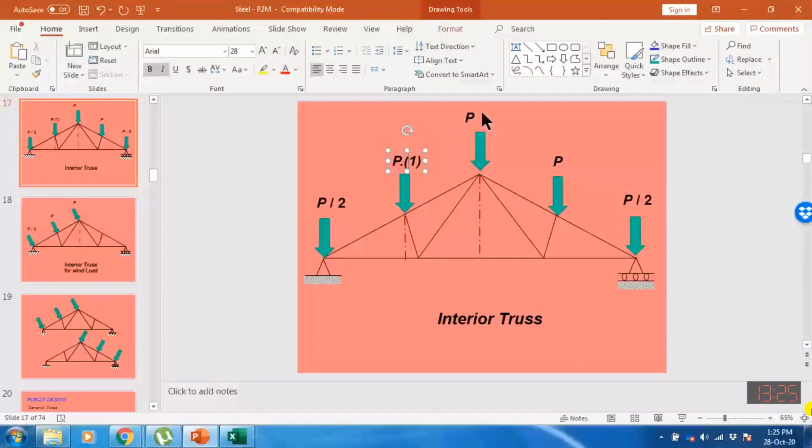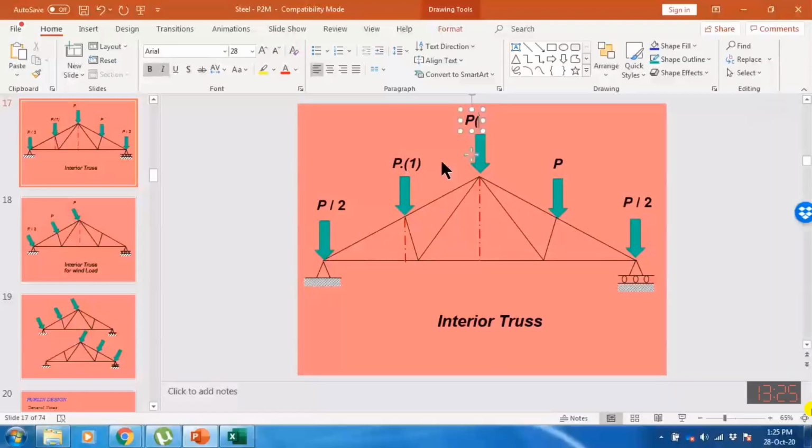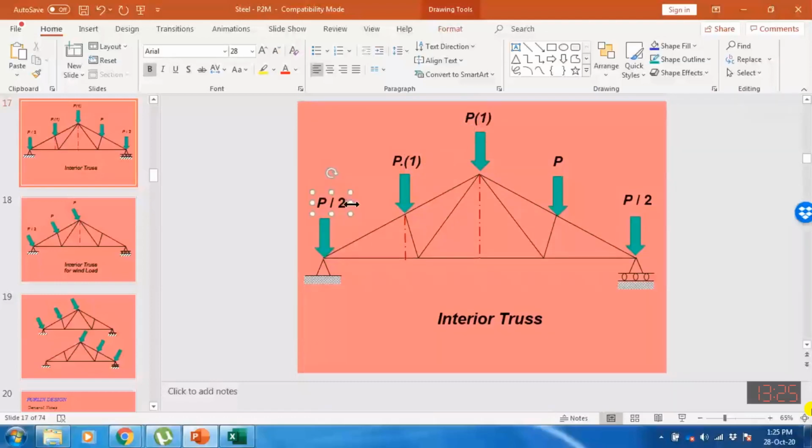And this factor will also be equal to P multiplied by half. In the same way, this will be also.